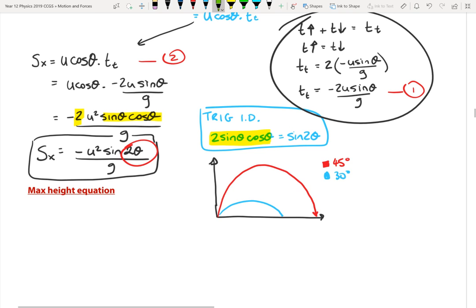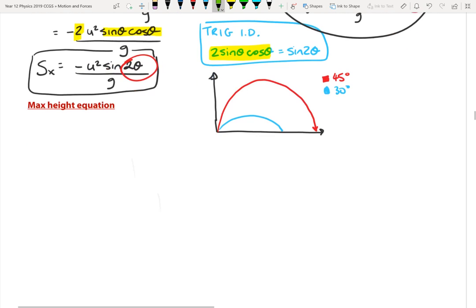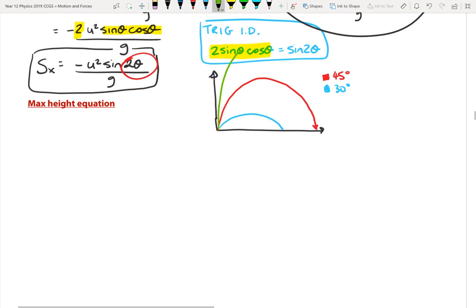But you could go a low angle and it would get to that horizontal distance, or you could go a high angle and you would get to the same. And so if you've got sine 60 on one side, which is 30 back from 90, you could go sine of 120, which is theta equals 60. So only 45 will give you one range, and it's the greatest.